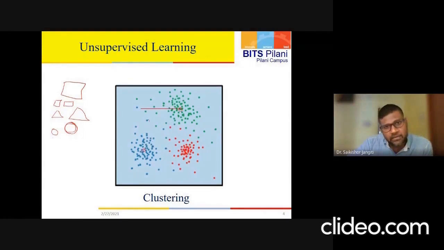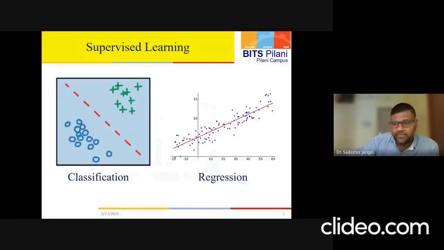So this point is in blue color because relatively it is nearer to this centroid than the other two centroids. So this has been grouped into this cluster. Here, if you observe, all these points are data, which are divided into clusters using an unsupervised learning technique, say called the k-means algorithm.